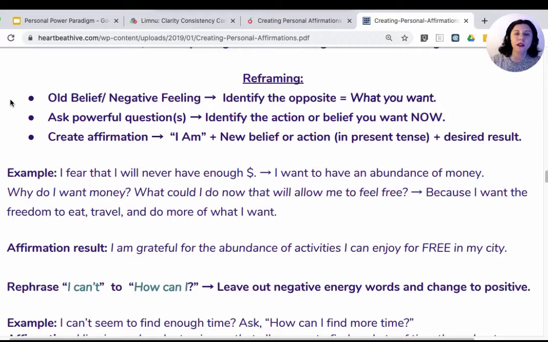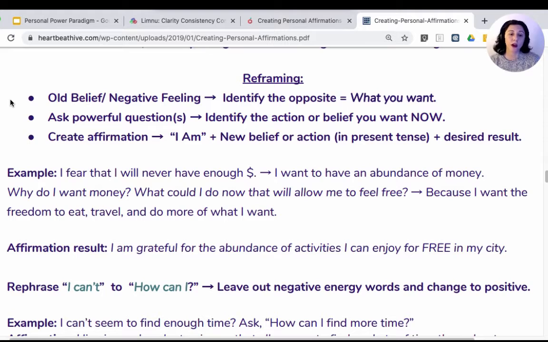So in asking the powerful questions, one of them can be, what would I feel like if I believed that statement? Whatever the new belief is, what would I feel like? How does it feel saying it out loud? How does it feel writing it down?